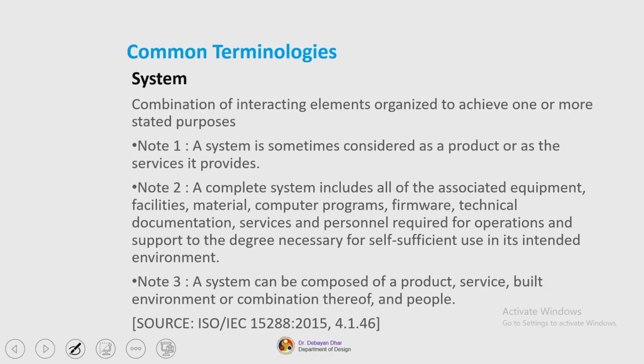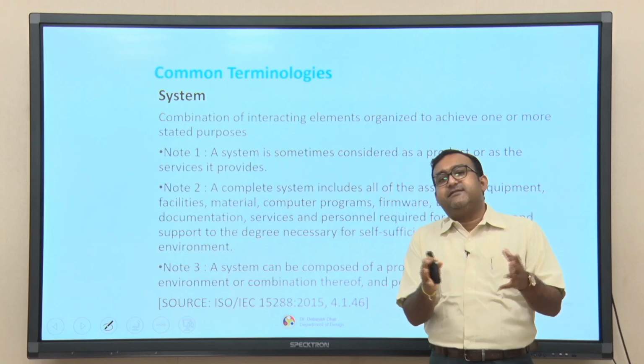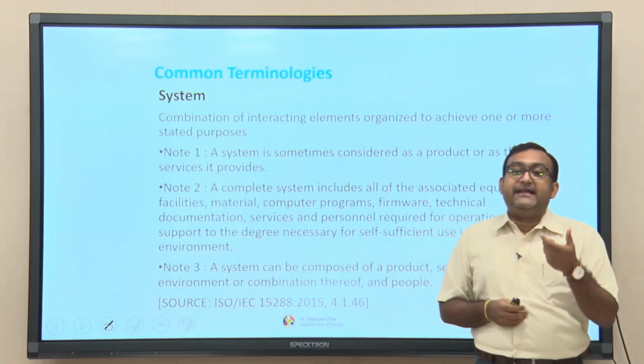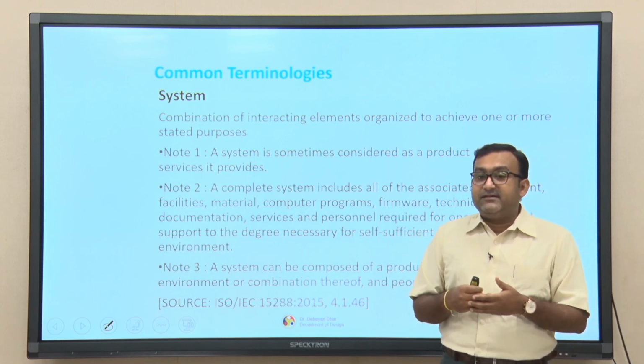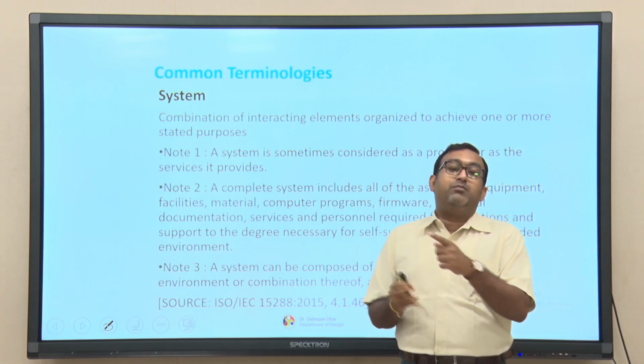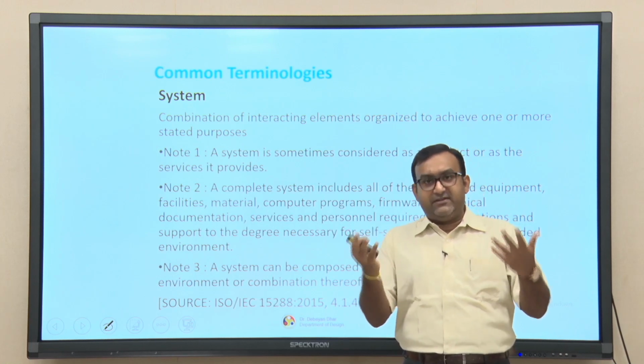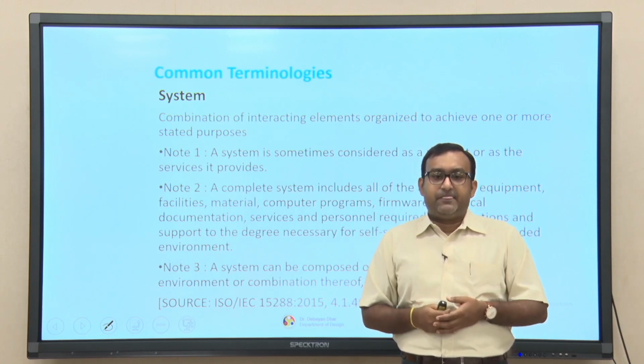Some of the other common terminologies that are enshrined in ISOs are how it defines system. Now, what do we mean by system? It is a combination of interacting elements organized to achieve one or more stated purposes, and the purposes are defined by the designer, the design team.